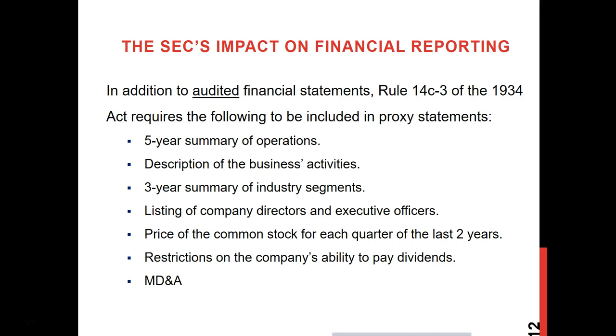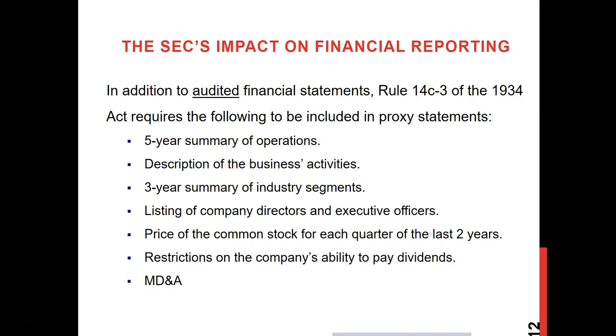The SEC's disclosure and accounting requirements are not limited to the filings. Of course, they have some other responsibilities, and they want to make sure that financial statements must be audited.